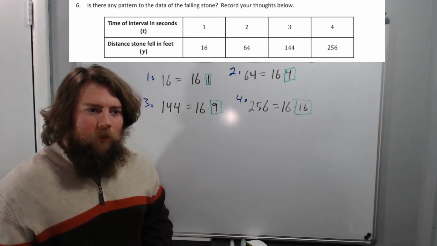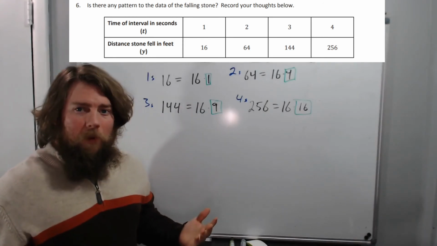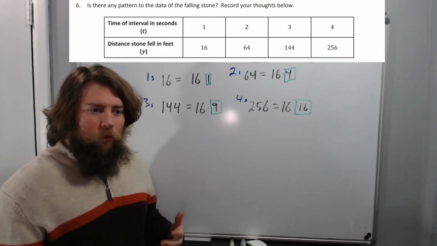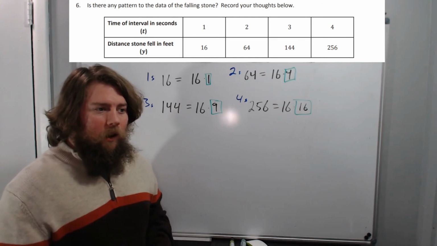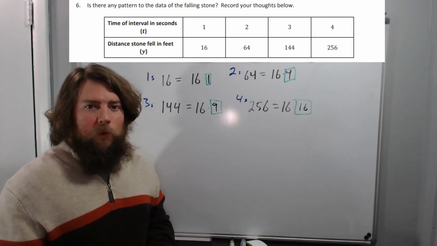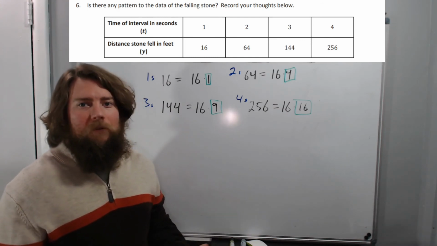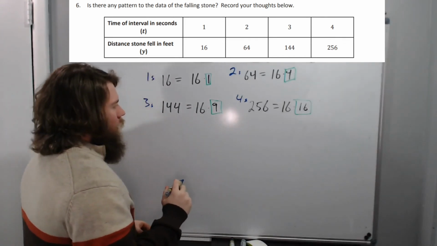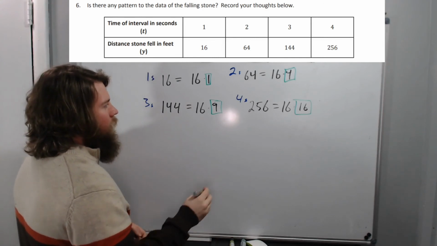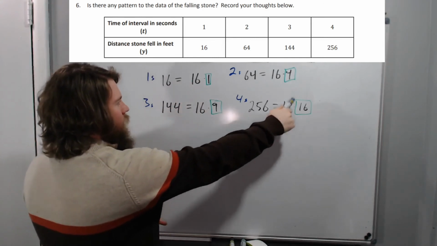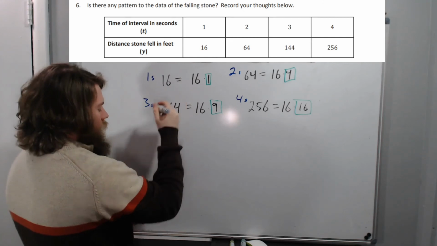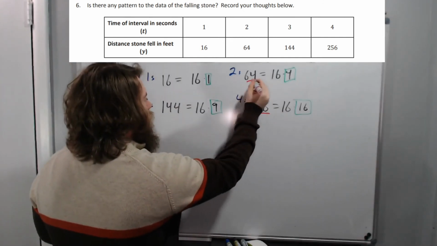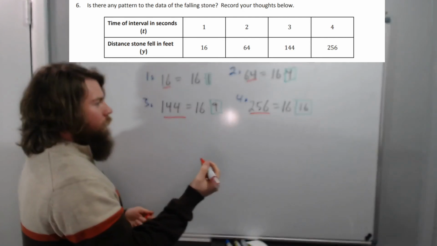So using this, we can come up with a rule for this data set, a rule of how to basically predict where it is after any time interval. So okay, let's look at these equations, right? The numbers here, that was our distance traveled, okay?